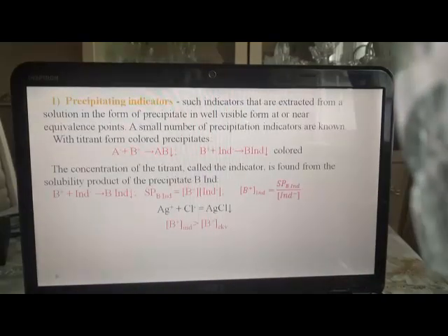Precipitating indicators are such indicators that are extracted from a solution in the form of a precipitate in a well visible form at or near the equivalent point. A small number of precipitation indicators are known. With the titrant they form colored precipitates.